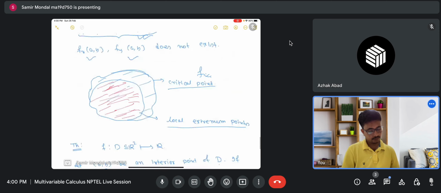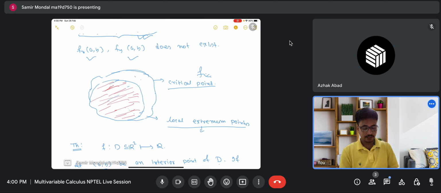I am removing this little drawn line. So this is your collection of all critical points, and this portion is your local extrema points.